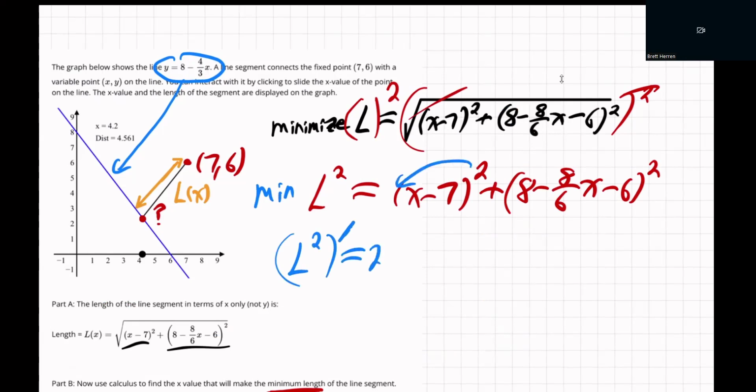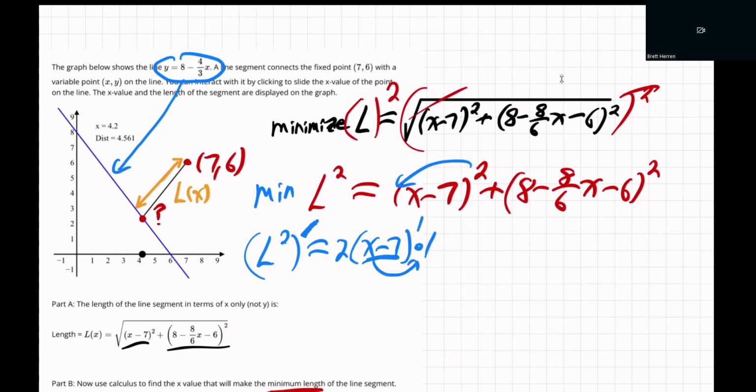Bring down the 2. Wait, I hope we're going to have room. Make sure we have room here. So I'm going to take the derivative. Let's bring down the 2 times 1, the chain rule, the inside's 1, plus, same thing, bring down the 2, to the 1 power, because you subtract 1 in these guys.